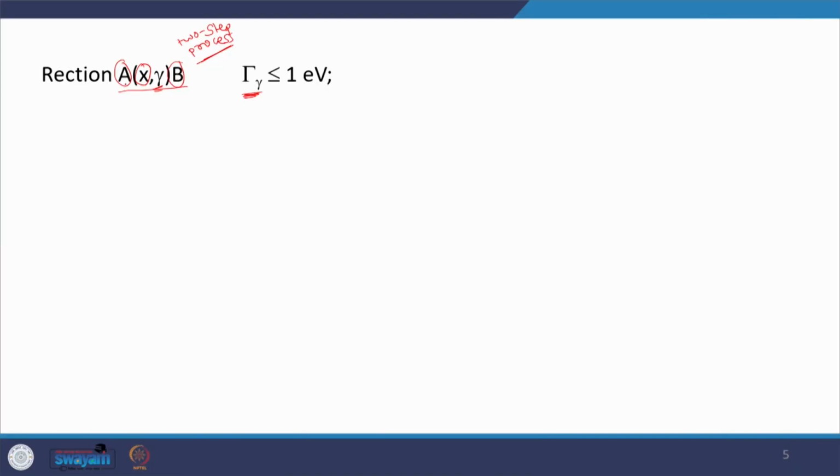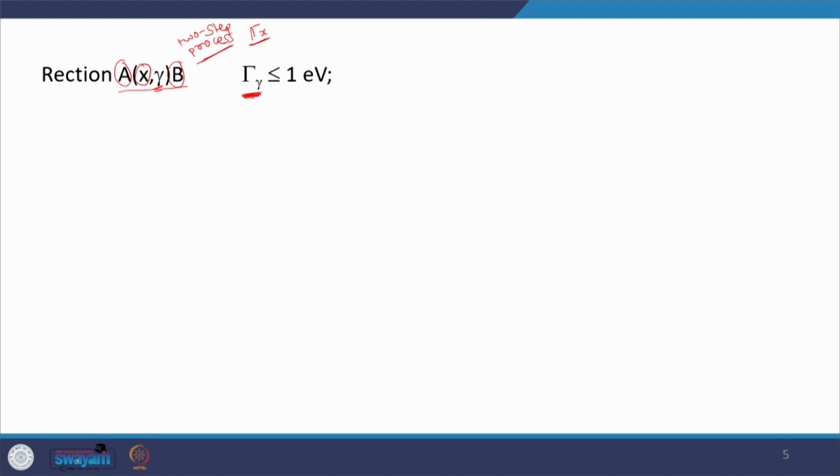Okay? So, I am trying to discuss the importance of low energy resonances. For that, I have considered a reaction where X is reacting with A and giving rise to a gamma ray and B, the product nucleus. So, there are two partial widths, gamma X and gamma gamma. This is the formation width and this is the decay width.